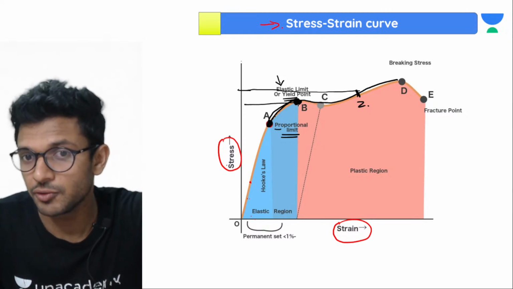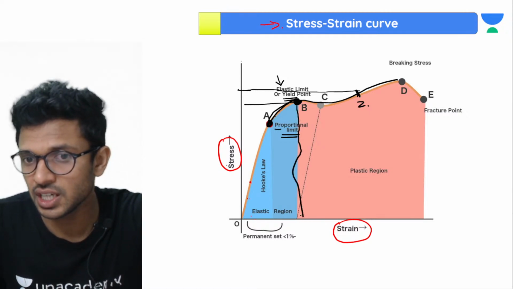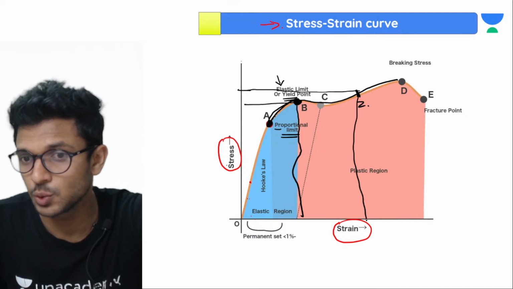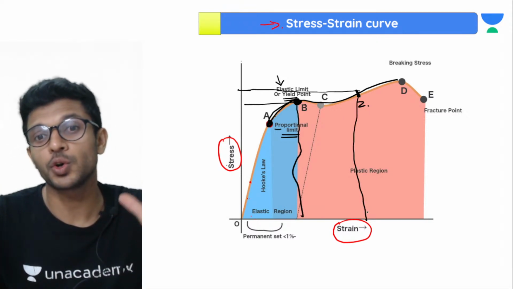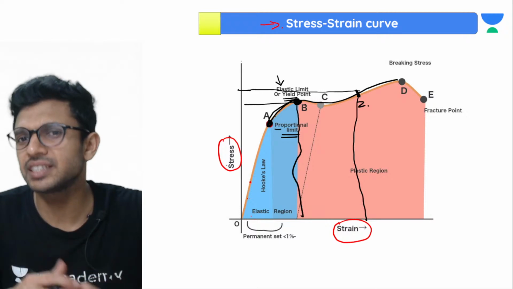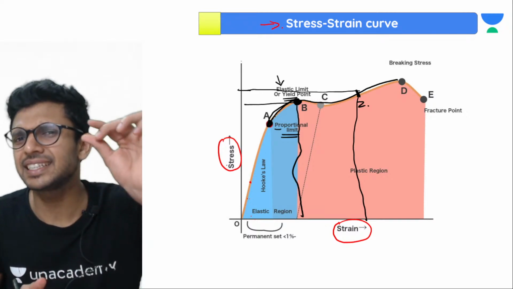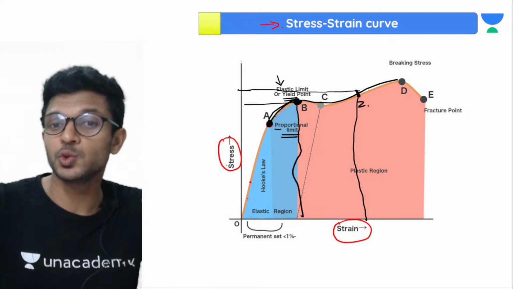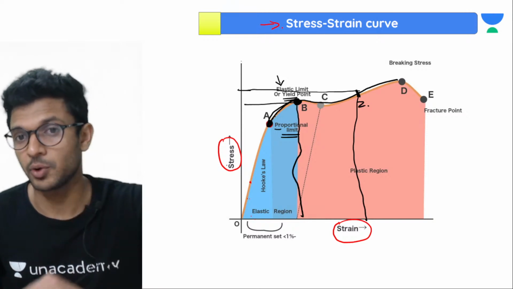But if you look at the increase in the strain as you move from the point B to Z, it is so huge. So B to D is a region where the increase in stress is lesser, but there will be a huge increase in strain. That's 1 point.